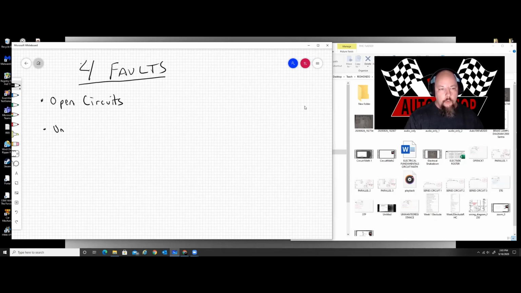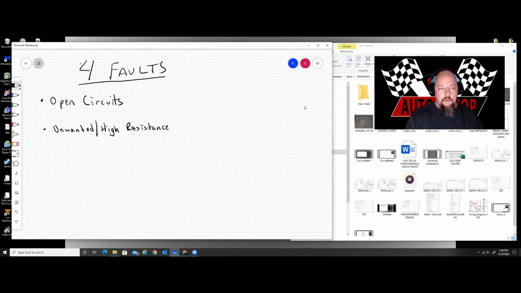We have unwanted, where some people may say high resistance. Which is corrosion or loose connection in the circuit, sometimes even a wrong component maybe being put in. It's slowing down the current flow, causing poor operation of the circuit.